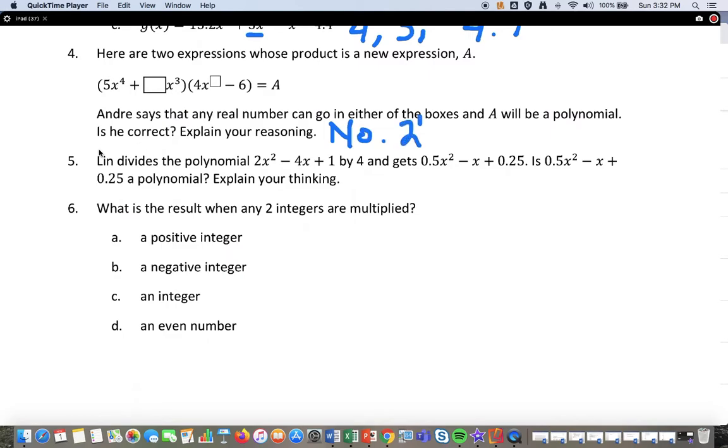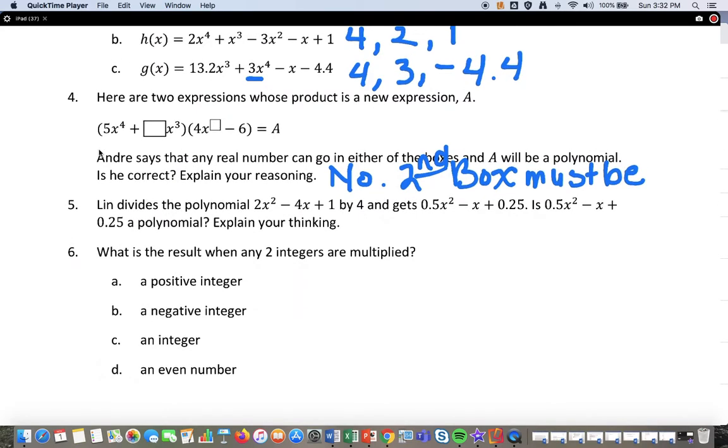The second box must be, and if these are going to be whole number exponents, when we multiply this times this and this times this, when we distribute that, if we add exponents, we could have a negative over here with the 4x to the power in order for us to get a polynomial, because when we add exponents, if this was a negative 4 up here, we would get 0.